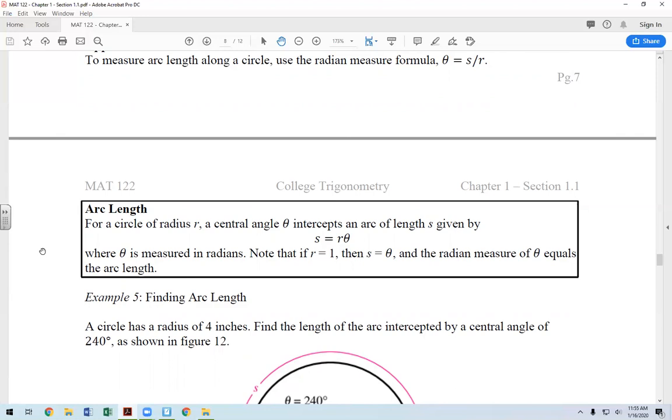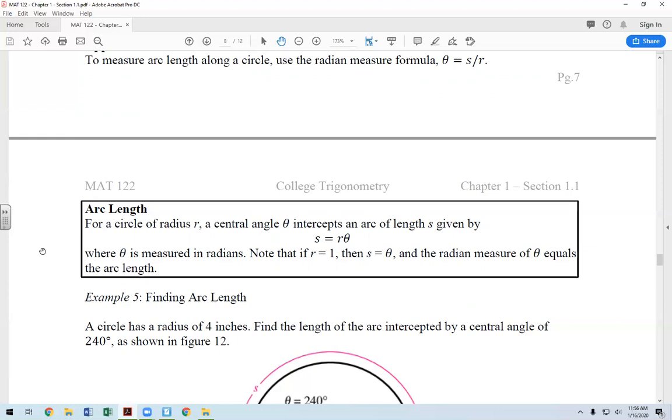So what happens is, and you will see this in your homework also, on purpose, they're going to give you your angle in degrees, because they want you to remember that when you're calculating the arc length, you need to convert your degrees into radians and then use the formula s equals r times theta. So be very aware that a lot of times they are going to give you your angle measurement in degrees on purpose to throw you off.